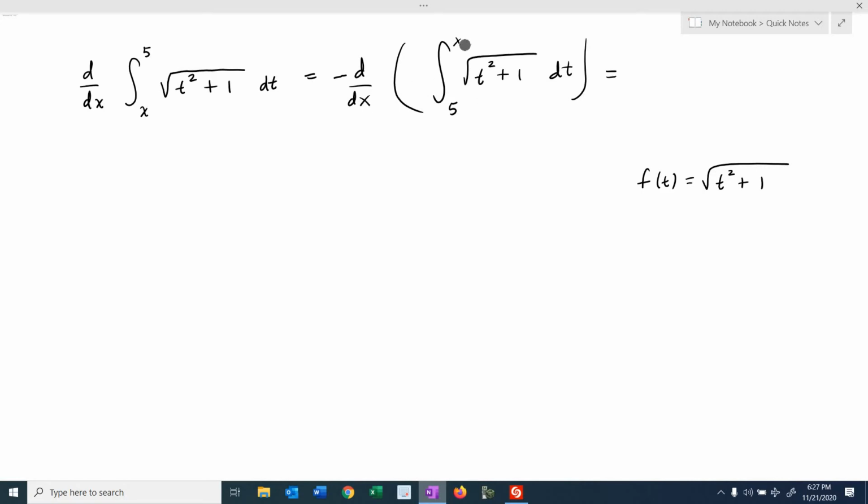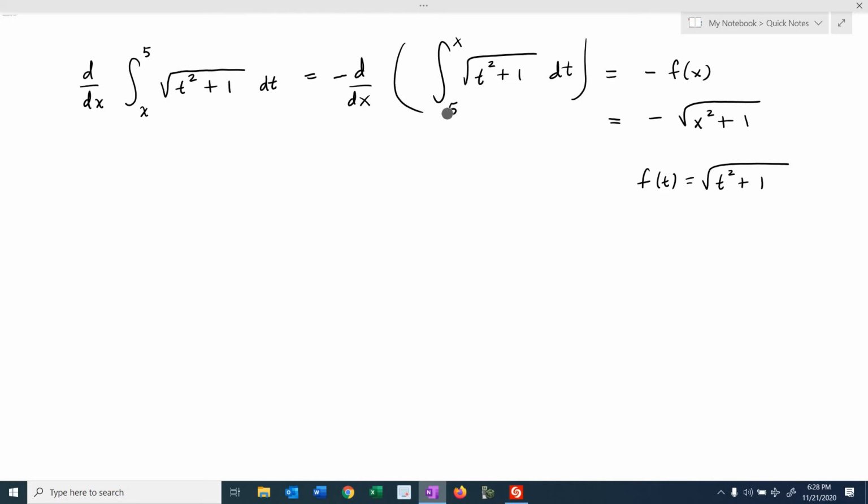Okay, and so the fundamental theorem of calculus tells us that we're going to get f of x if we take the derivative of this area function with respect to x. Of course, there's going to be this minus sign that's in front of it. Okay, and of course, f of x would simply be this square root with an x substituted in for the t. Okay, so you get negative of this square root of x squared plus 1.